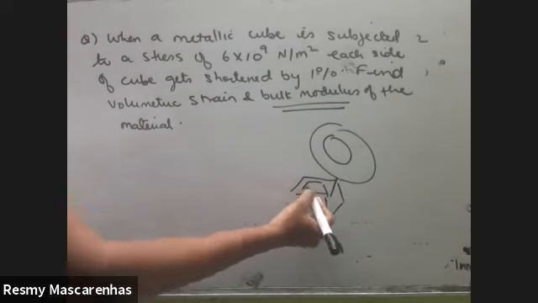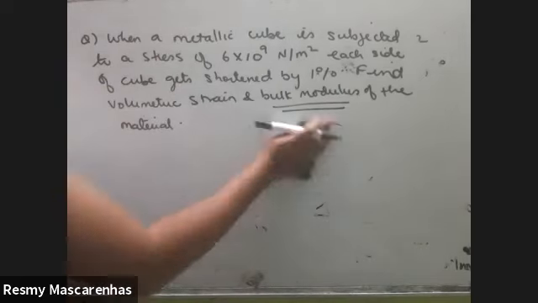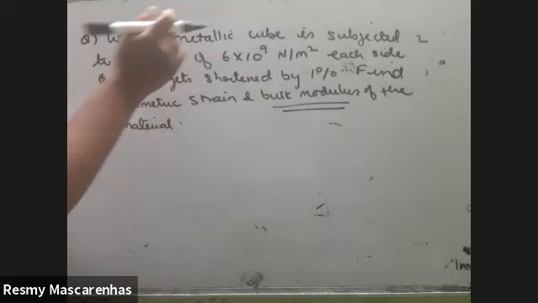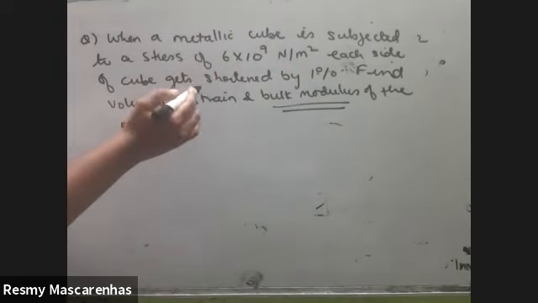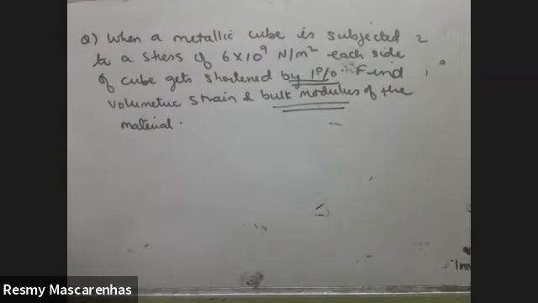So that cube will shrink and become small. Bulk modulus will always be in terms of volume. Each side is shortened by 1%. Find the volumetric strain and bulk modulus.